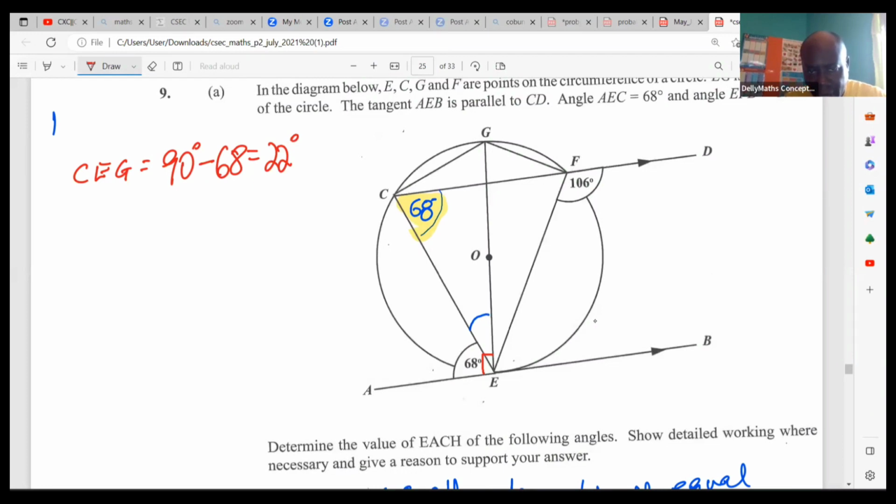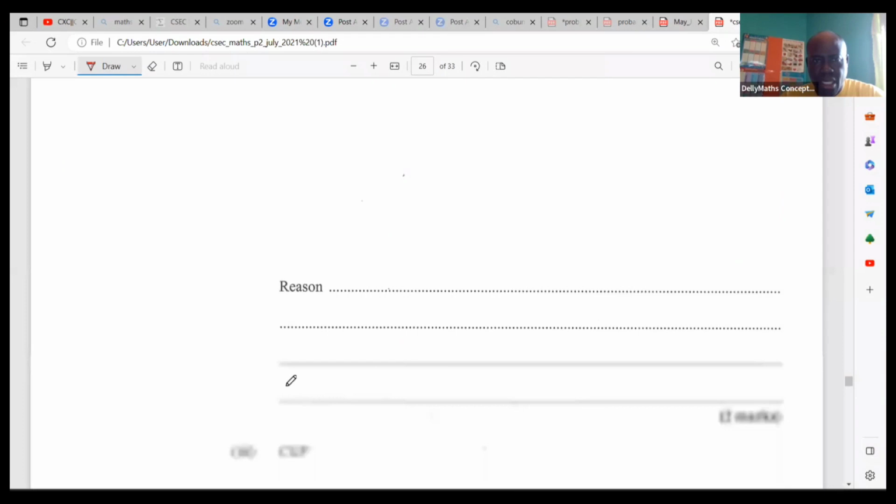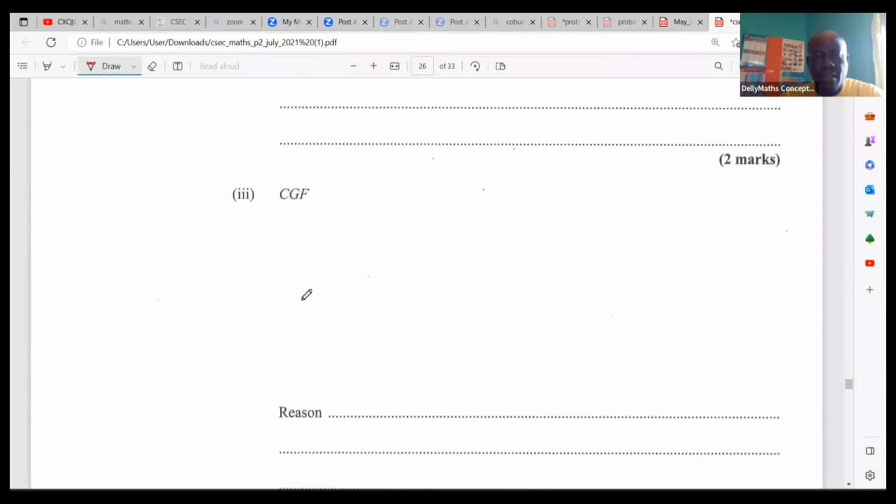And this angle right here, CEG, is 22 degrees. The reason I would use is: radius meets tangent at 90 degrees.